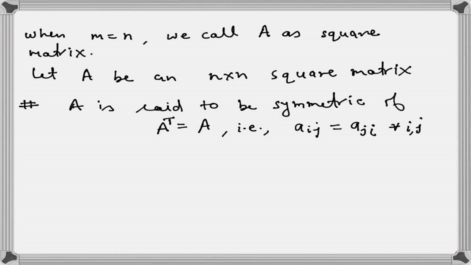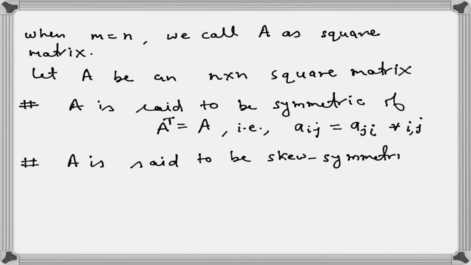Similarly, we say A is skew symmetric if A transpose is equal to minus A. This implies Aij is equal to minus Aji for all i and j.